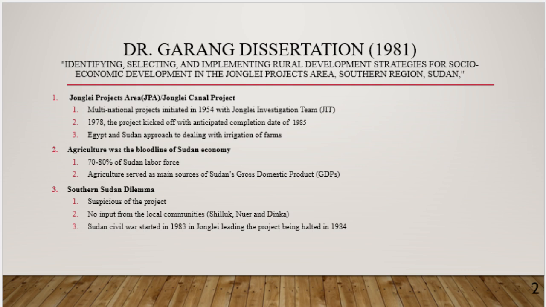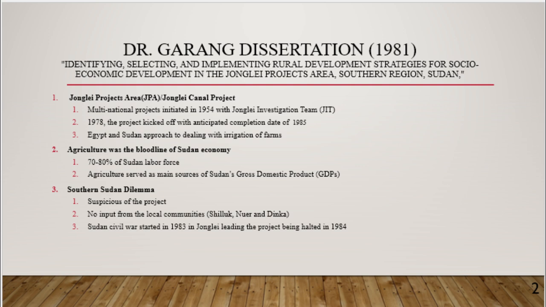So Sudan was gaining and Egypt was gaining at the same time, so they initiated this project. And agriculture served to increase the gross domestic product for Sudan. Right? So that's why it was even more important for them to have the Jonglei Project Area, JPA, initiated.